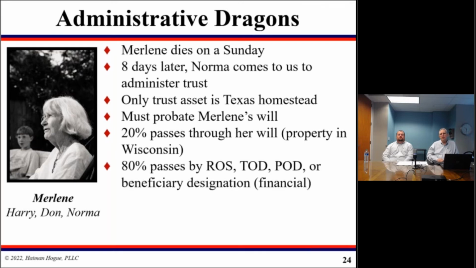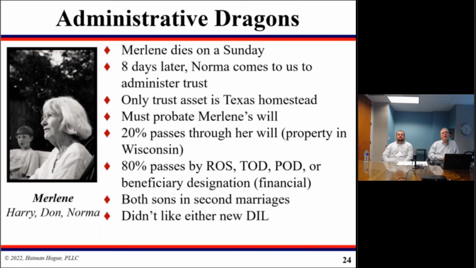The other 80% passes by right of survivorship, transfer on death designations, and beneficiary designations, and they're all financial assets. Both sons are in second marriages, and Merlene did not care for either of her new daughters-in-law.